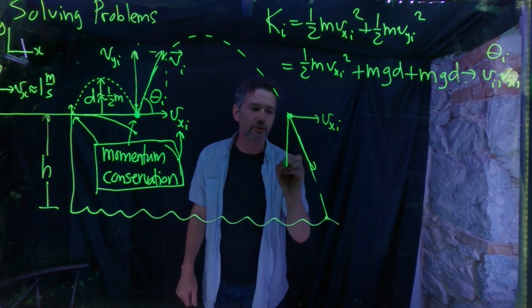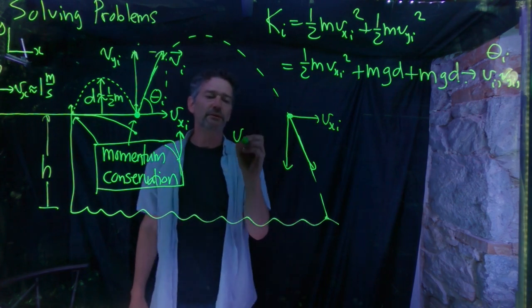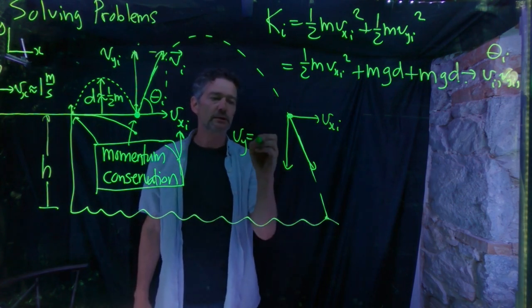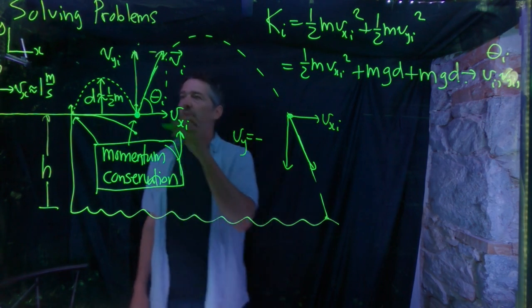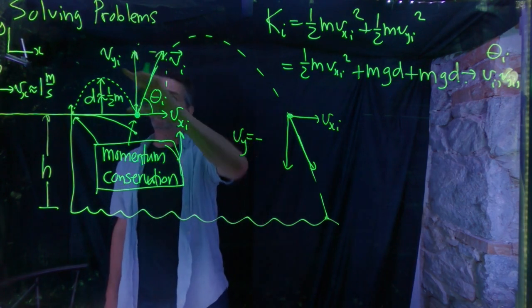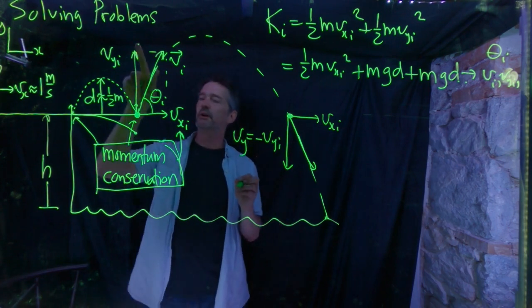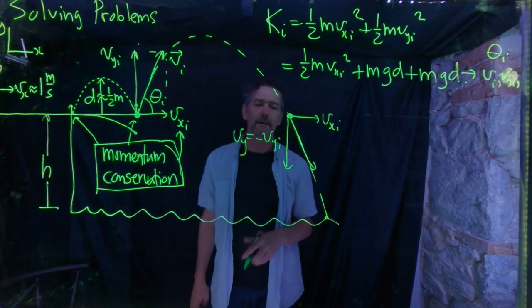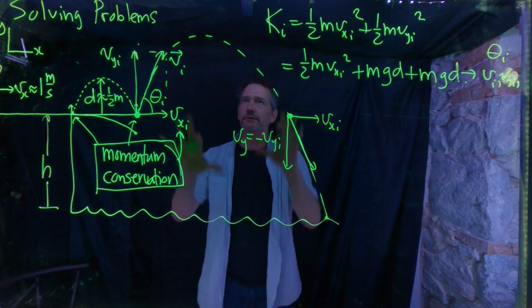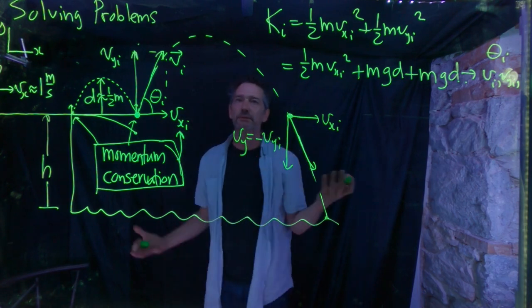And so this vertical component of velocity at this point, Vy, is negative, it's pointing down, and it's exactly opposite to Vy initial here. So negative Vy initial. If it was 3 meters per second up here, it's 3 meters per second down here. Another way to think about this is, obviously, you have symmetry here.